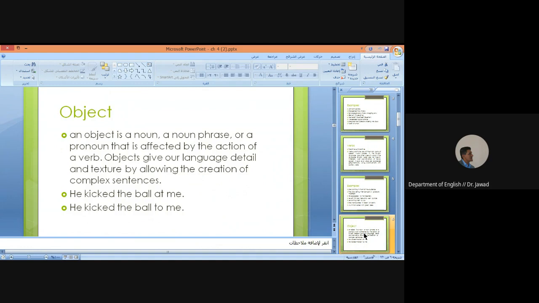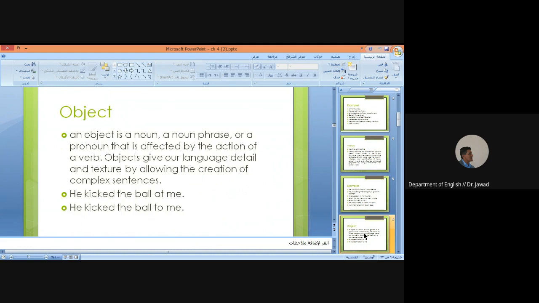As we have mentioned with the element of the subject, it could be a noun, a pronoun, a noun phrase, even a clause. An object is a noun phrase or a pronoun that is affected by the action of a verb.